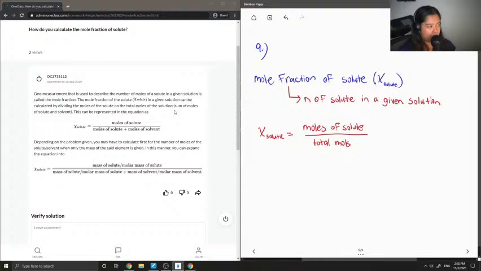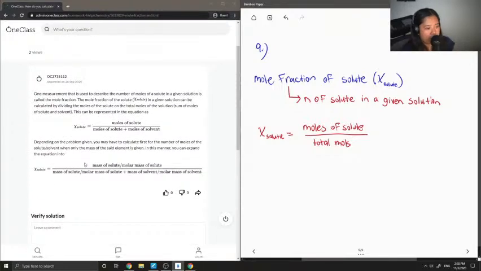So the sum of the moles of the solute plus solvent. This can be represented in the equation as moles of solute divided by the moles of solute plus the moles of solvent. Depending on the problem given, you may have to calculate first the number of moles of the solute and the solvent when only the mass of the said element is given.